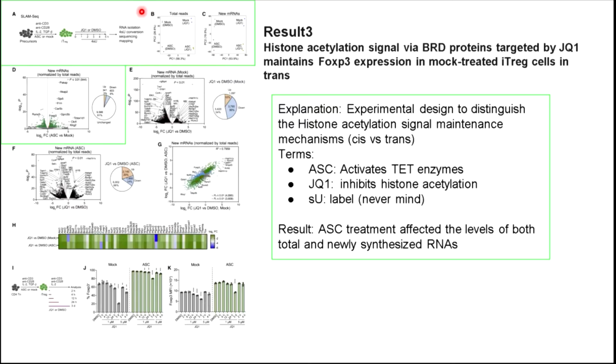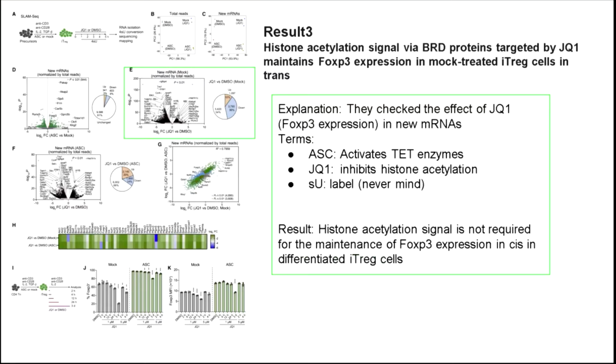In figures C and D, we can see that ASC treatment affected the levels of both total and newly synthesized RNAs. Then they checked the effect of JQ1 on new RNAs.